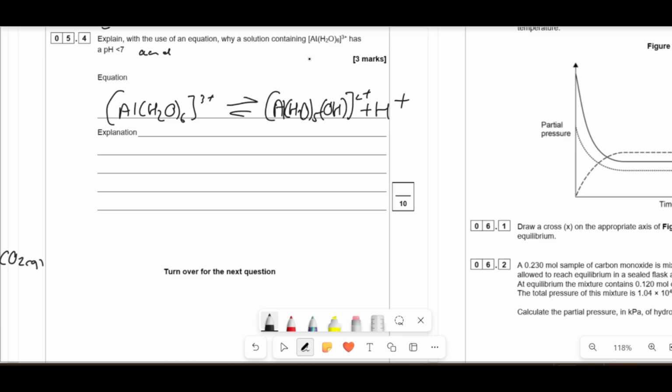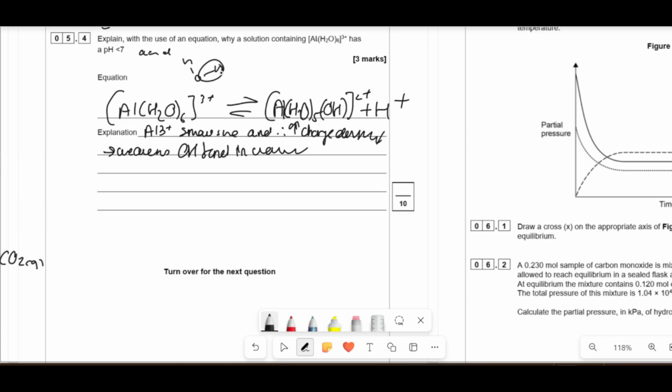And then, why does it do that? Well, the reason is because Al 3 plus has a small size and therefore high charge density, which means it weakens the OH bond in water, because remember the H plus is coming from here, so the OH bonds in this water have to have broken for that to come off.